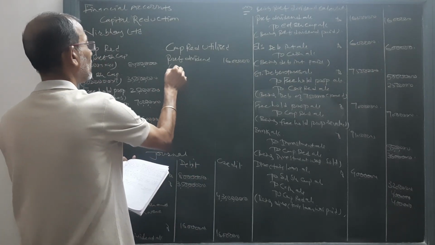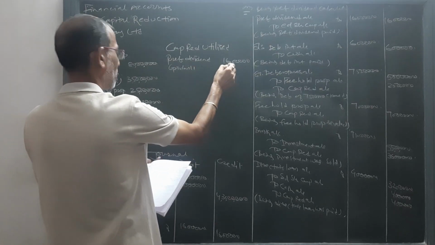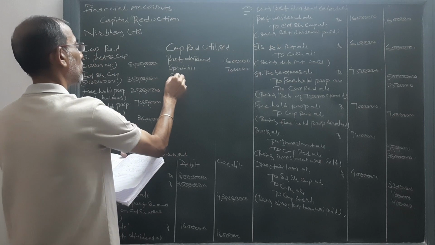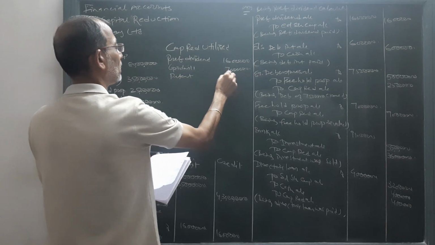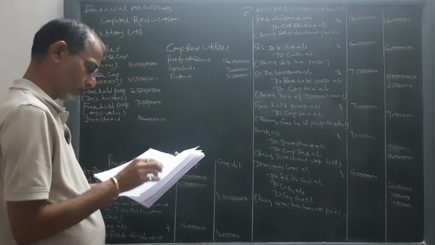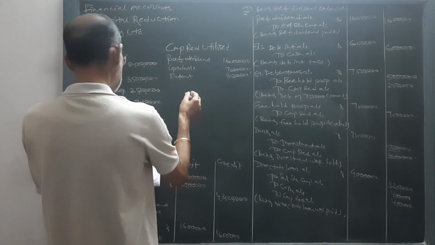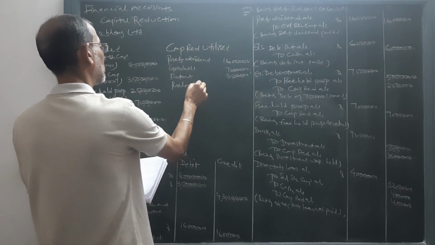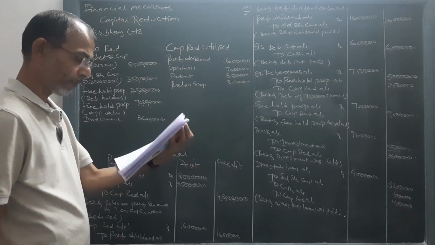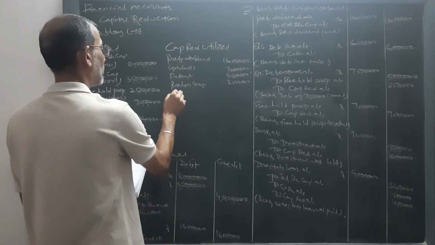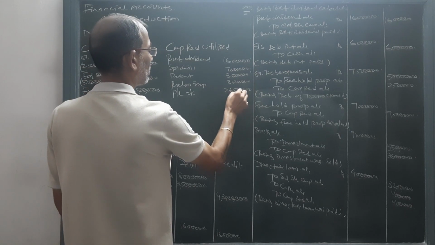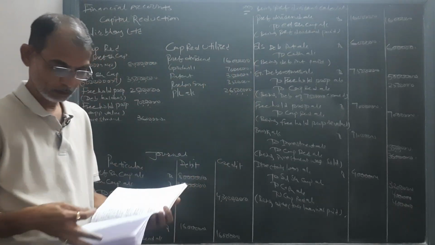First it is goodwill, 70 lakh, patent 35 lakh, preliminary expenses, those are also 35 lakh, and profit and loss account, that is 2 crore 65 lakh.